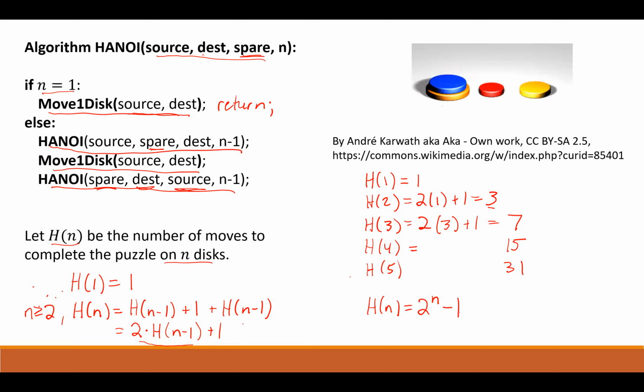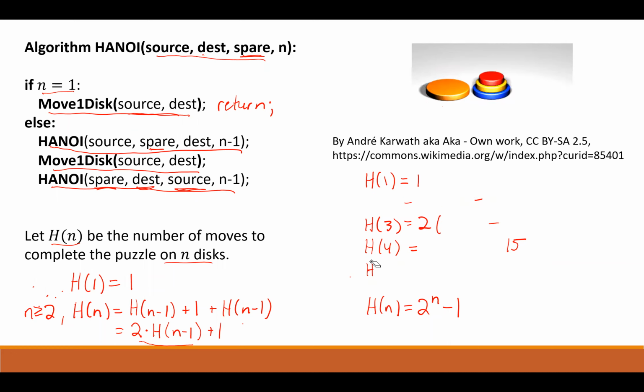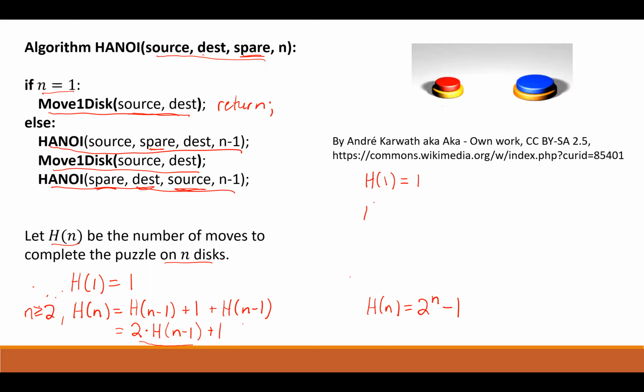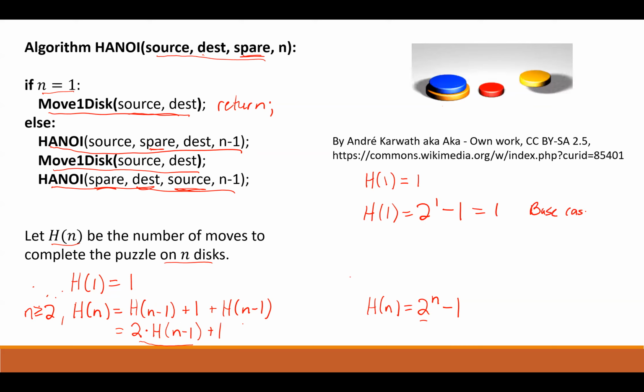Okay, so then we want to prove that. I'll go through this a little more quickly. So in the base case, h of 1 is 1. So if I say h of 1 is equal to 2 to the power 1 minus 1, that's equal to 1. So the base case holds. Now my inductive case, h of n.